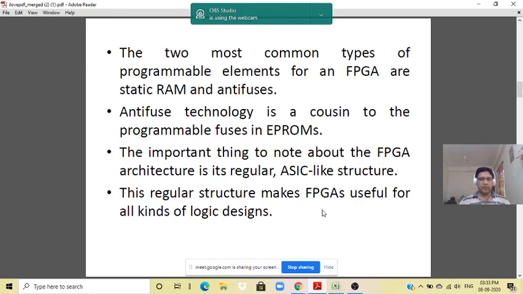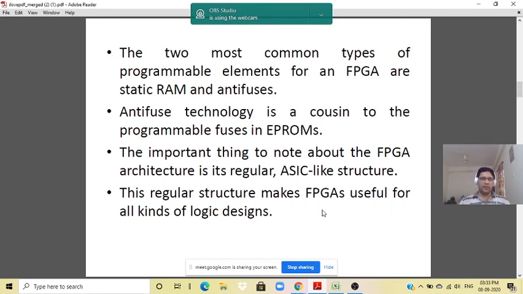The important thing to note about the FPGA architecture is its regular ASIC-like structure. In the architecture you can see it is similar to the ASIC architecture. In ASIC also there are rows and columns of different logic elements, but in this case we have rows and columns of logic blocks.